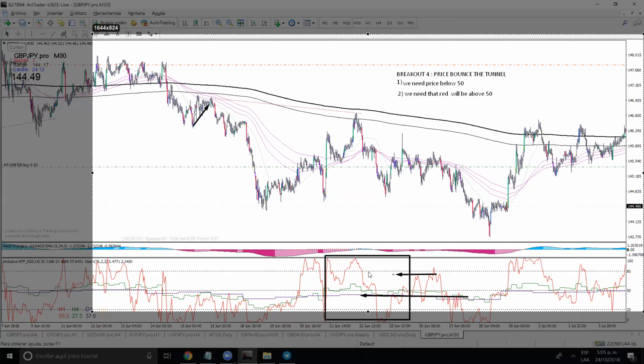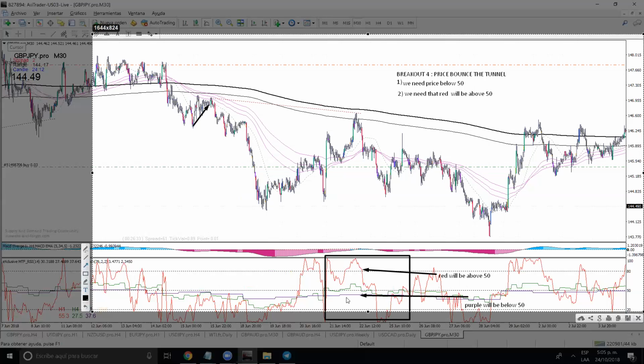In this case, here, red will be above 50. Let's go to the next one here. Purple will be below 50. And now we need the green.